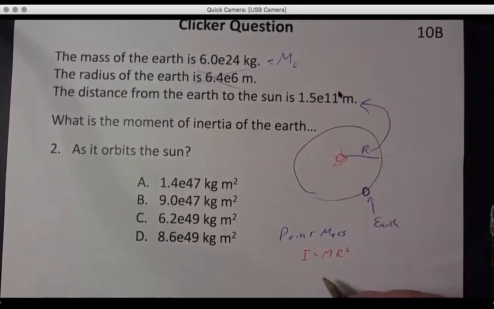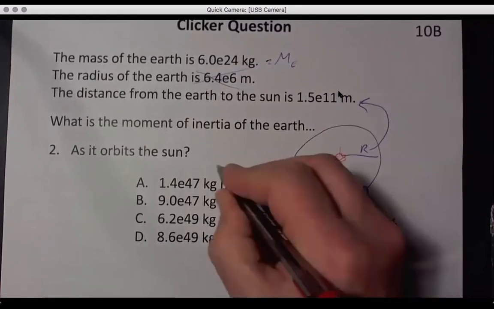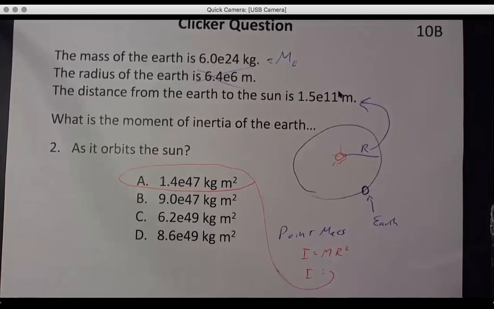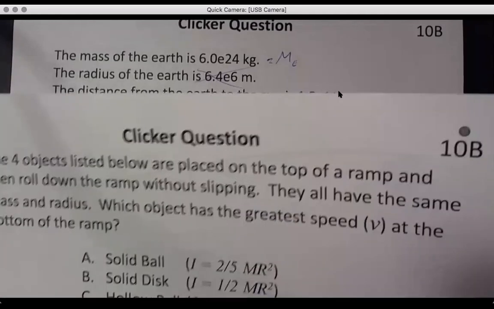You plug them in, and you find that it is this one. Note the units of our moment of inertia, kilogram meter squareds. There's no special name for that. It's just kilogram meter squareds. And as we'll see, these things will work out in the end when we get to problems.